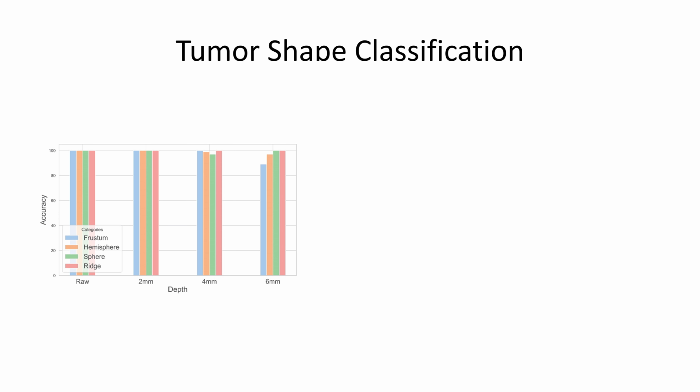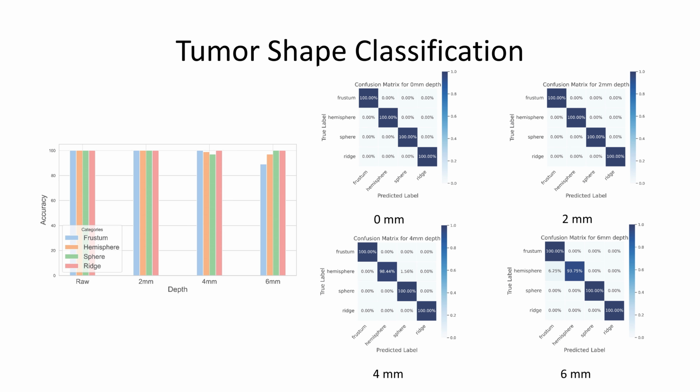The classification accuracy is shown here with a grouped bar chart comparing performance across depths and tumor shapes. Additionally, confusion matrices provide a detailed performance breakdown. TacScope successfully classifies tumor shapes with high accuracy. This capability enhances the sensor's utility in distinguishing different types of tumors in minimally invasive procedures.